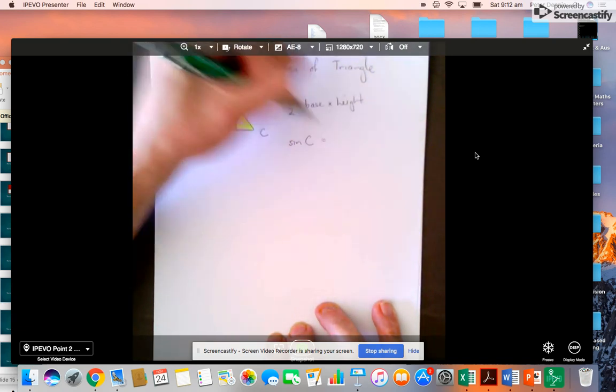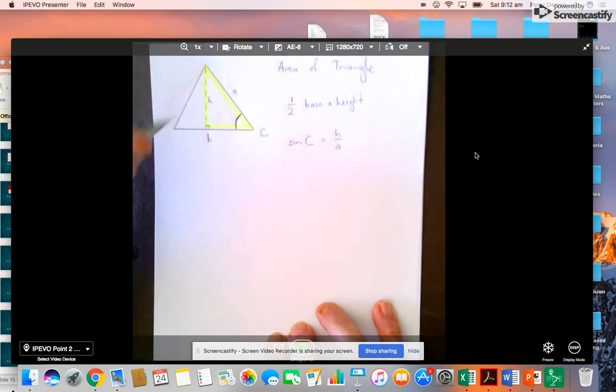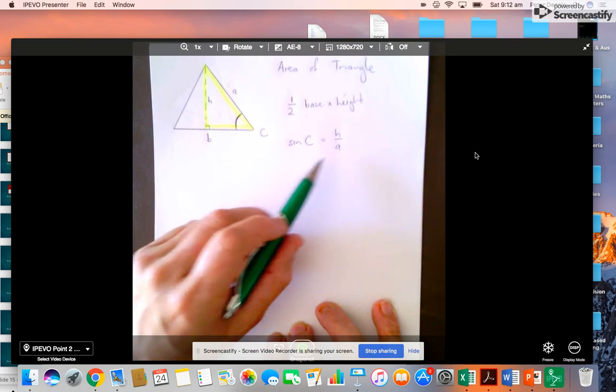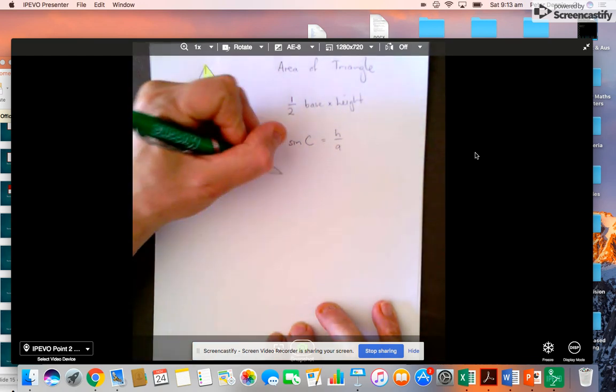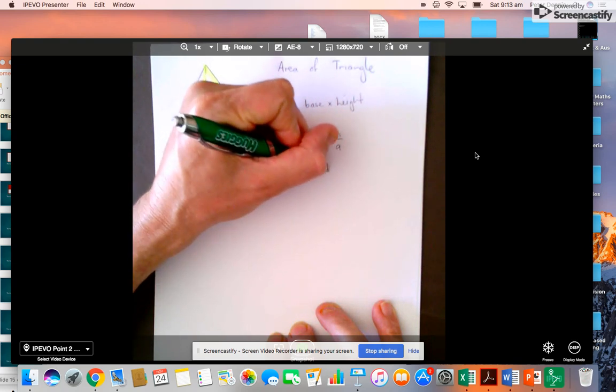So sine of C equals H over A. And with a little bit of manipulation here, we can take the A up. So A sine C equals H.